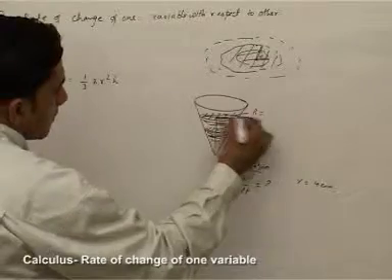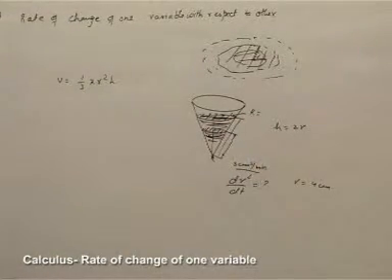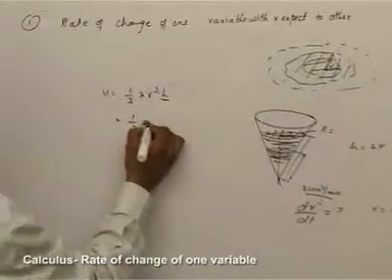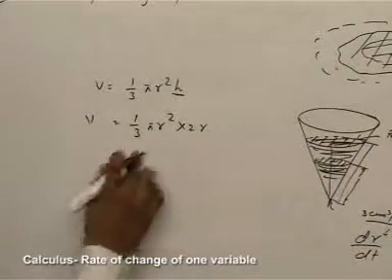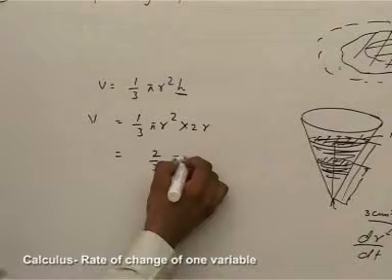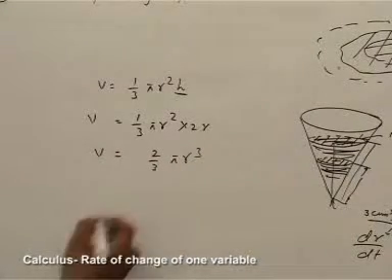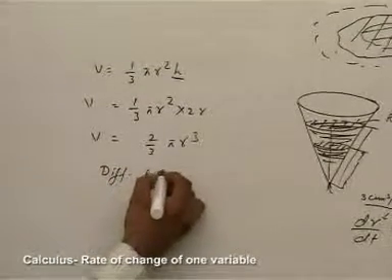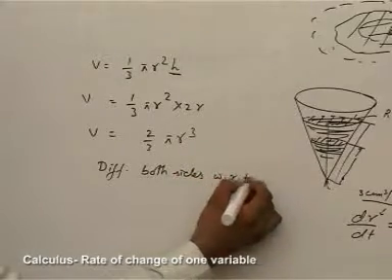Say it might be given that height is twice the radius. For example, this is given. So we will replace the height by 2r, into 2r. So that will become 2 by 3 pi r cube. This is the volume at any instant with respect to radius. Now we are differentiating both sides with respect to time.